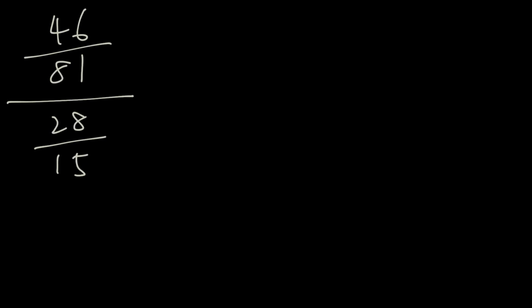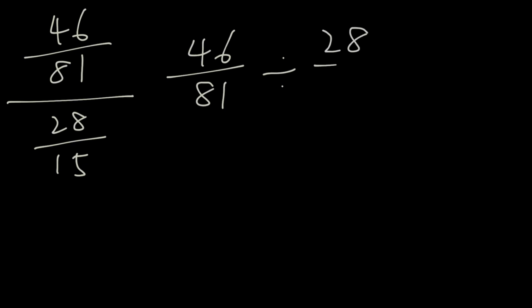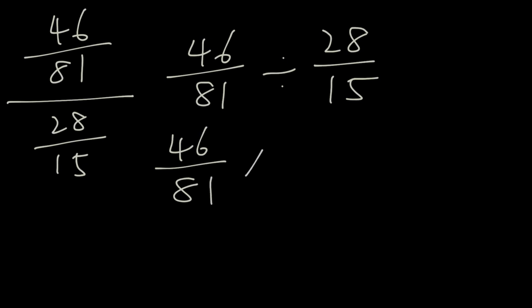So this is equivalent to 46 over 81 divided by 28 over 15. After we've done this, then we know what to do next. So the same way as we've done before, 46 over 81 times 15 over 28.